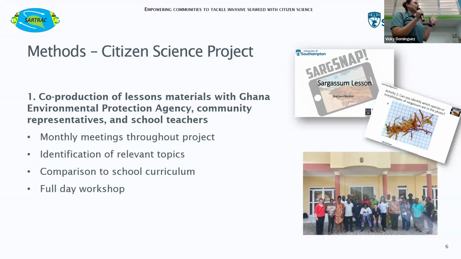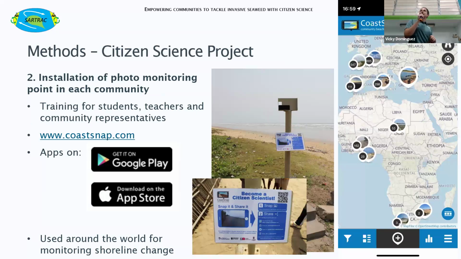But as I said, we are scientists, and I'm not there every day, and I'm very interested as well in the data that I don't have. So the way that we went around that is we installed those metal posts on the beach that you can see there. We installed 3, 1 per community, and it's essentially very low tech.